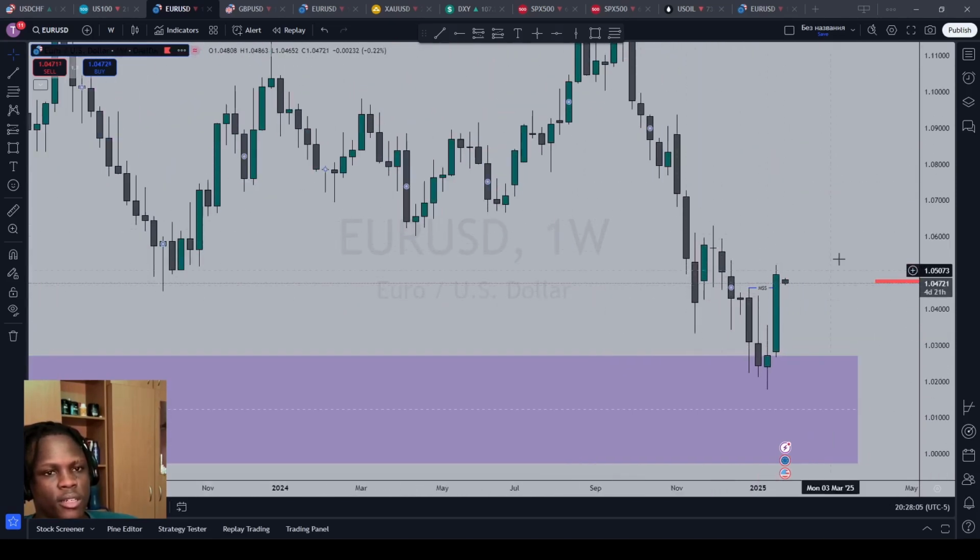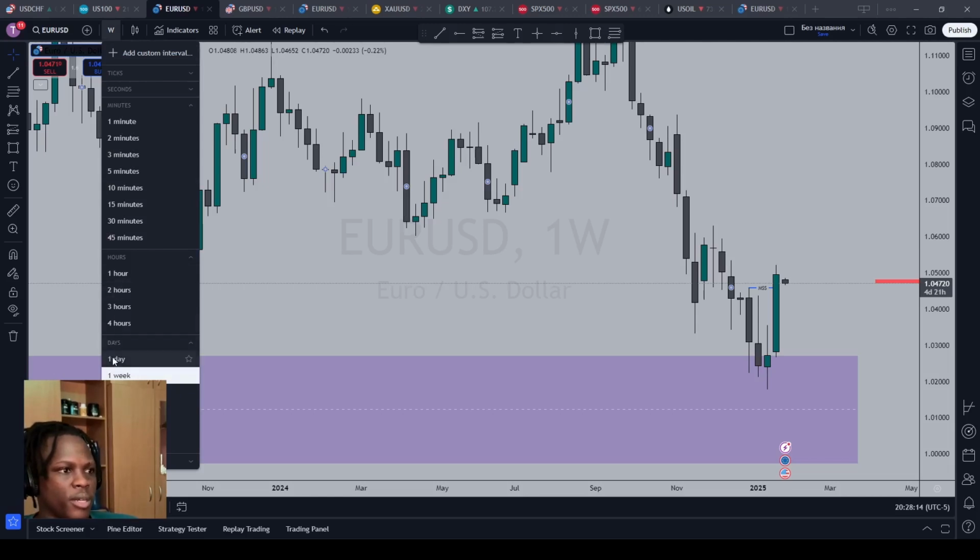So we can see a reversal going up. We can see more buy opportunities coming in this week.